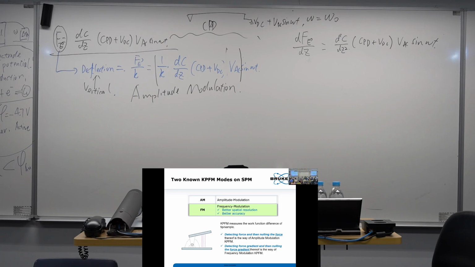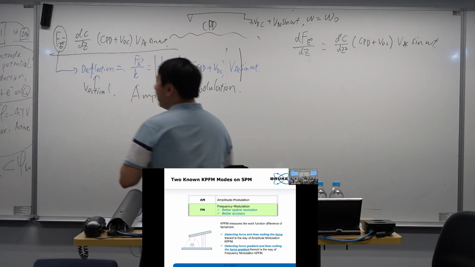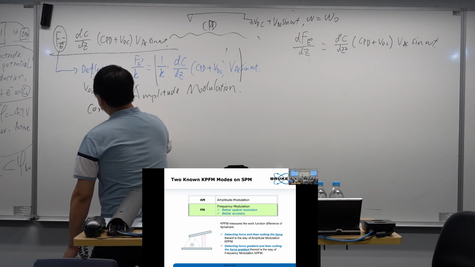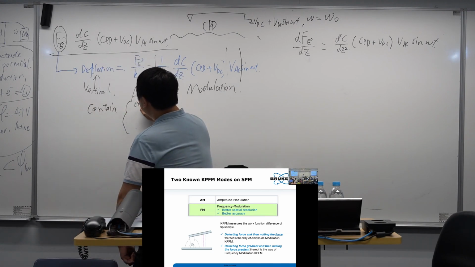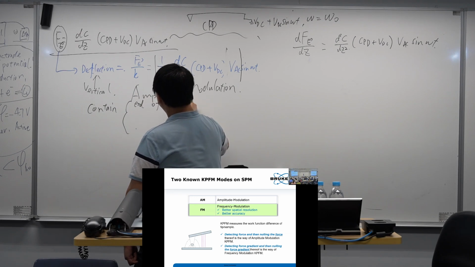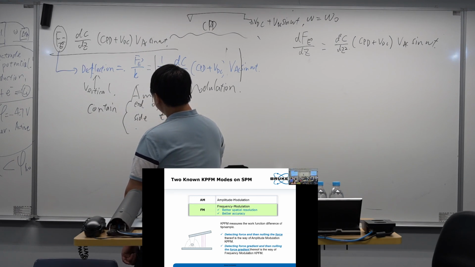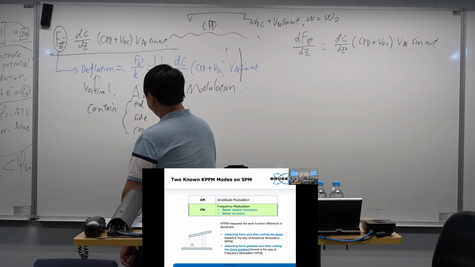Not only the tip, but the cantilever and the other side of the tip can also sense the force from the surface. So this force, or our deflection, contains the end of the tip, the other side of the tip, and the cantilever.